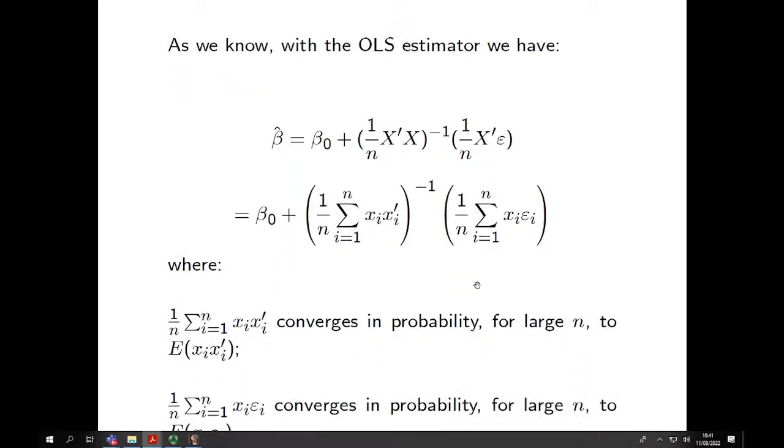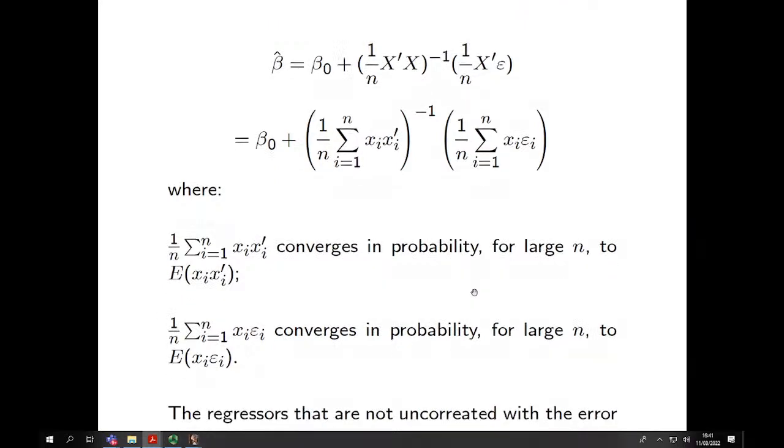Because what is the argument behind the consistency of the OLS estimator? The point is that if we send n to infinity, we have a large sample. Under regularity conditions, this sample mean should converge. It's a convergence in probability, which means the probability that this sum becomes closer and closer to the population counterpart. So I'm simply replacing the average with the expected value.